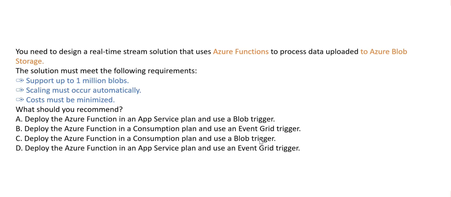It will poll and then compare and see if there are incremental files, and if there are, then it will activate or send messages. So event trigger is better because it is as real time as possible, and it works with higher volumes as well. So the correct option is option B.